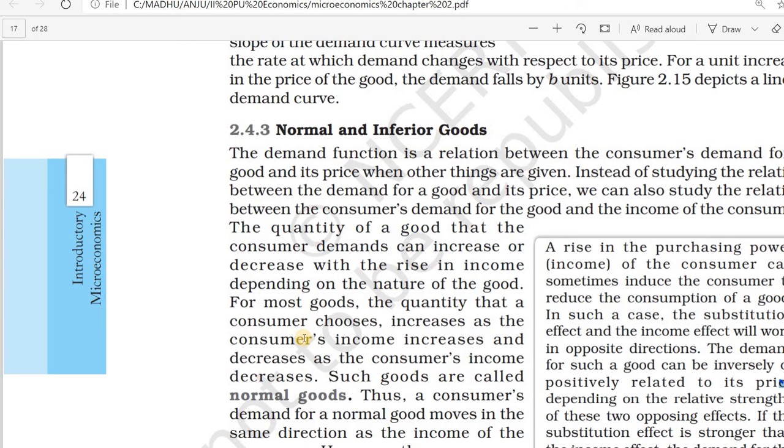Because of this you are purchasing more goods, means your demand is increasing, means we can call that good a normal good. When income increases, consumers demand such goods more, we call it a normal good.